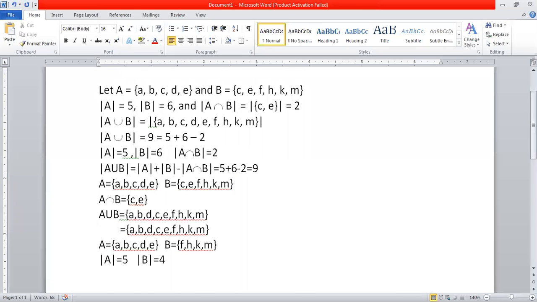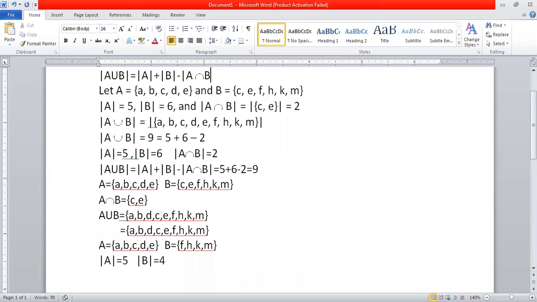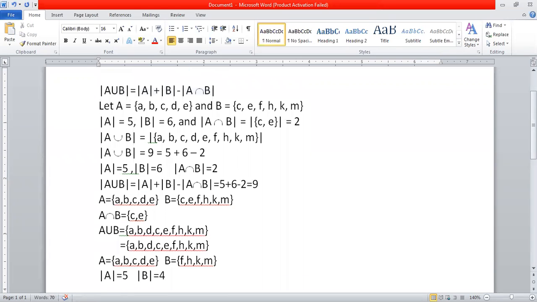So, inclusion exclusion principle says that the absolute value of A union B is equal to absolute value of A plus absolute value of B minus A intersection B. This is the formula for addition principle, or inclusion exclusion principle.